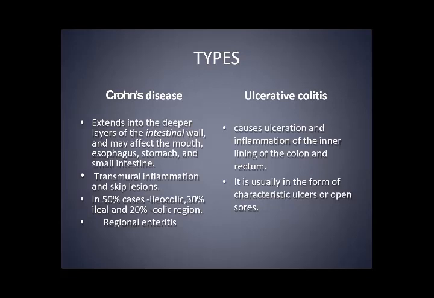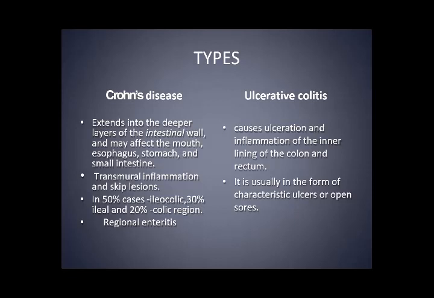Ulcerative colitis ascends from rectum to the ileocecal area, up to the large gut. Crohn disease is a transmural inflammation with skip lesions, meaning you have an involved area of the gut inflamed and then you have a healthy area. These are called skip lesions. And you can have regional disease, that is called regional enteritis, or you can have ulcerative colitis, that may be pancolitis.